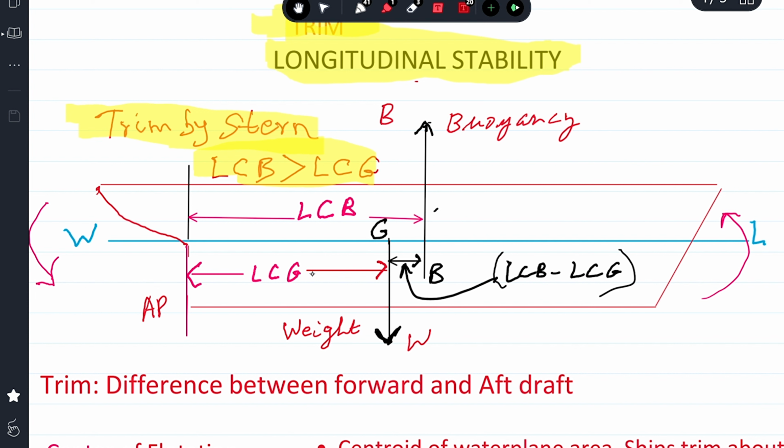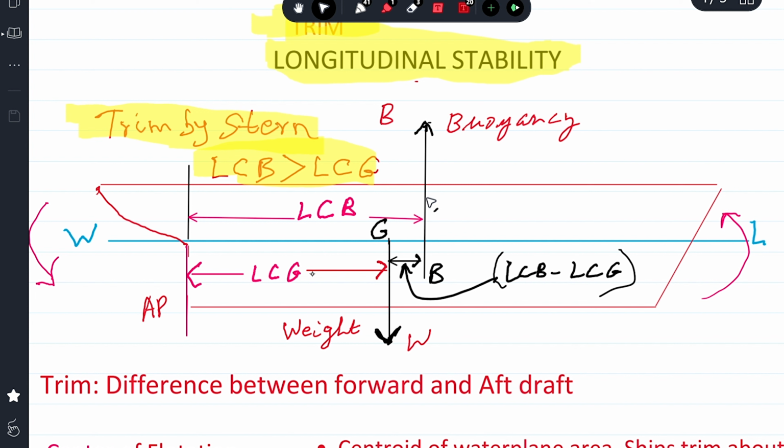This lever LCB minus LCG, which is equal to BG here, this is that lever BG, equal to LCB minus LCG. This is called the trimming lever, because what is the moment here? Trimming moment, weight multiplied by distance.